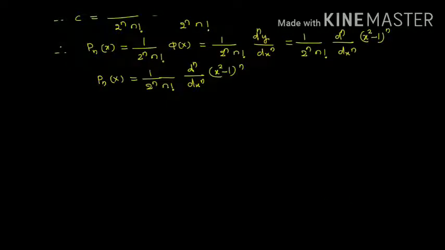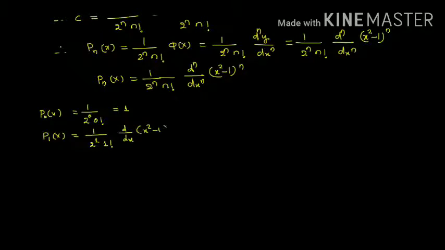From this formula we can calculate P0 of x, that is equal to 1 by 2^0 factorial 0, that is equal to 1. 0 factorial is 1, 2 to the power 0 is 1, so that is 1. P1 of x is equal to 1 by 2^1 factorial 1 into d by dx of (x square minus 1), which is equal to 1 by 2 into 2x, which is equal to x.